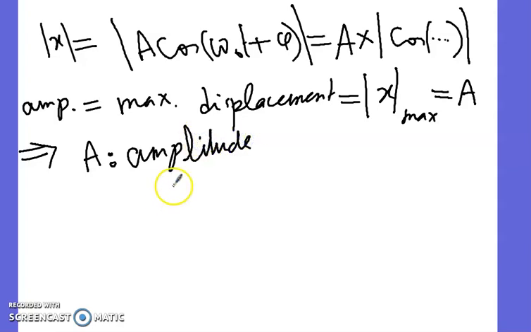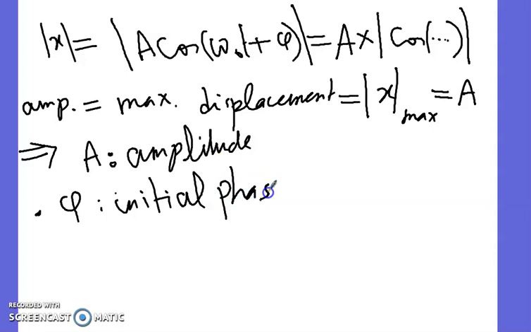The amplitude of oscillation. And phi is called the initial phase. It gives us information about the initial excitation of the pendulum, how you started the motion of the pendulum. That's why we call it the initial phase, meaning the phase at t equal to 0. We use the condition at t equal to 0 to calculate the value of the angle phi.